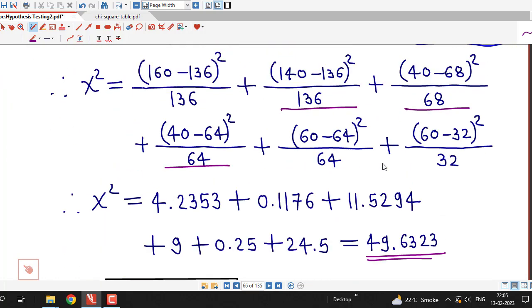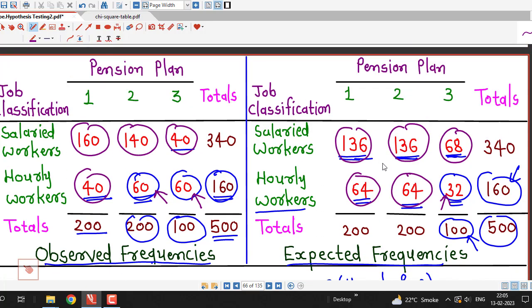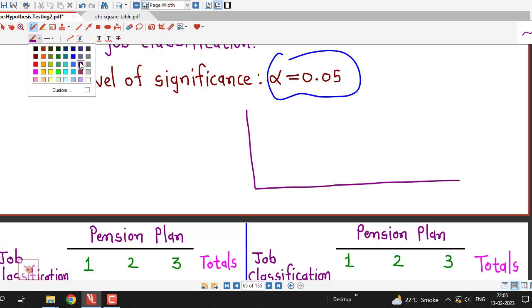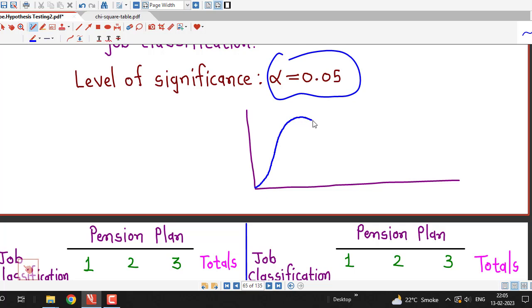Now, once we obtain the value of the test statistic, we have to find the critical value for this chi-square test, and we are familiar with the graph of the chi-square distribution. It is not bell shaped, it is an asymmetric curve having a longer tail towards the right side.